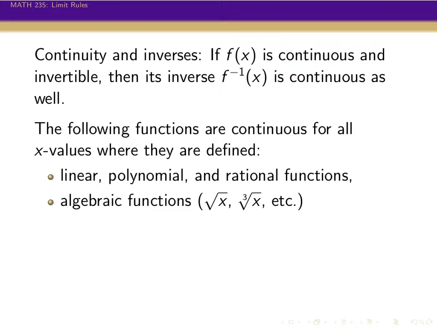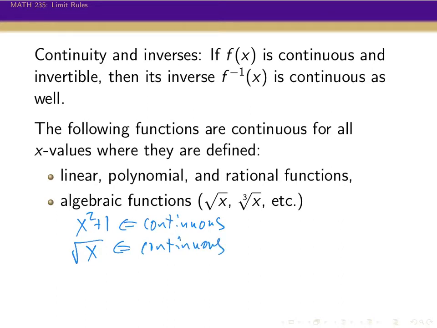We can also take compositions of these. And so since we have that x squared plus 1 is continuous, and now we know that square root of x is continuous whenever it's defined. So here, square root of x is defined for x greater than or equal to 0.